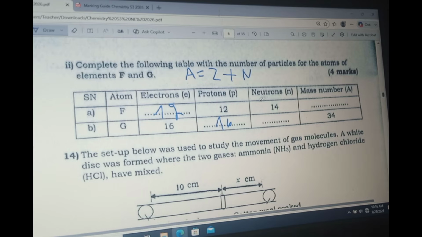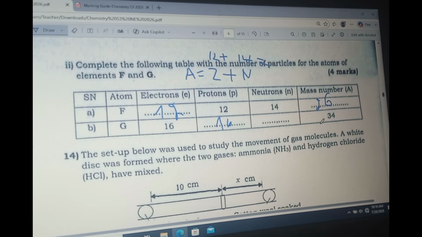If the number of neutrons is 14 and the number of protons or electrons is 12, what is the mass number? We take this one and add it to this one, addition. We get 26. 26, you see?